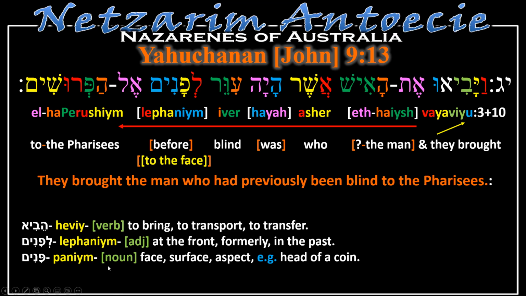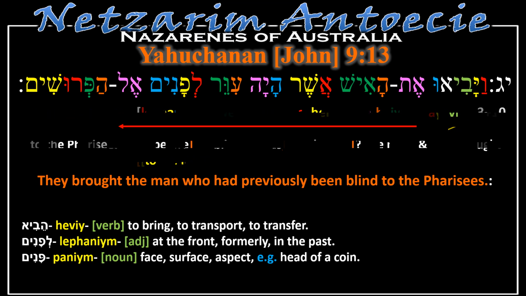Remembering that panim is a noun meaning face, surface, aspect. Example of that is head of a coin. And then we have El-tu ha-perushim, the Pharisees. They brought the man who had previously been blind to the Pharisees.